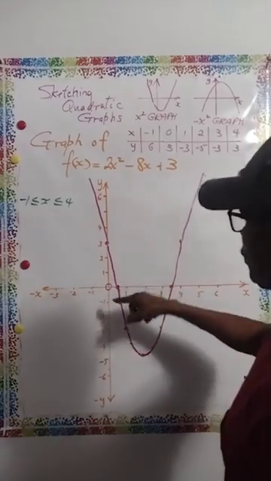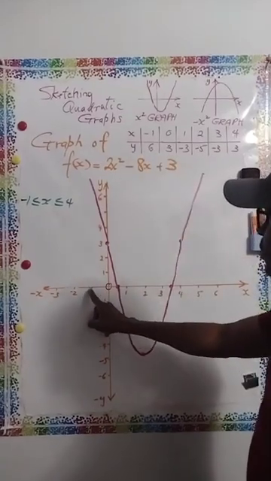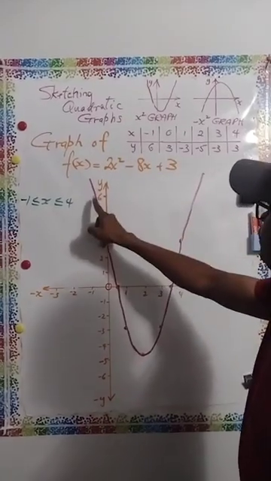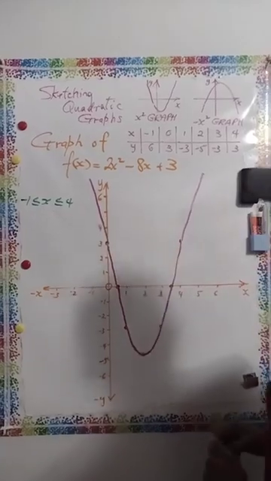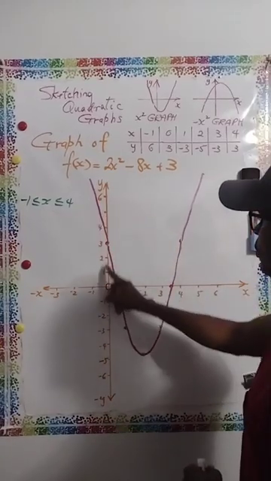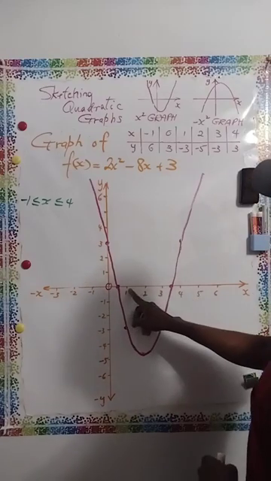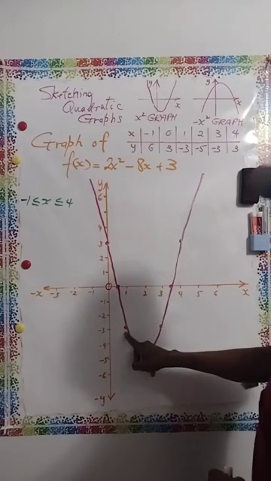So negative 1, 6. Negative 1, you go across and then you go up to 6, right? And from there we have 0, 3. Then we have 1, negative 3, you've got to come down for that.